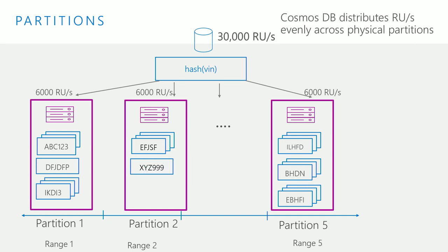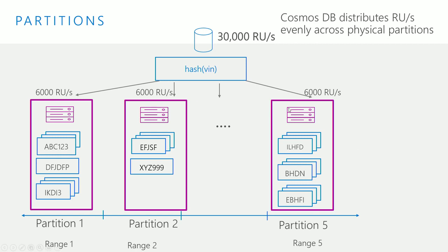The other thing to know is that the RUs of your collection are evenly distributed among all the physical partitions. When you start out, we provision a reasonable number of physical partitions based on the RUs that you need. So if we have 10,000 vehicles, we're not going to have 10,000 physical machines. We might have 10,000 logical partitions, but we'll start out with a smaller number of physical machines based on your storage and RUs that you provision.